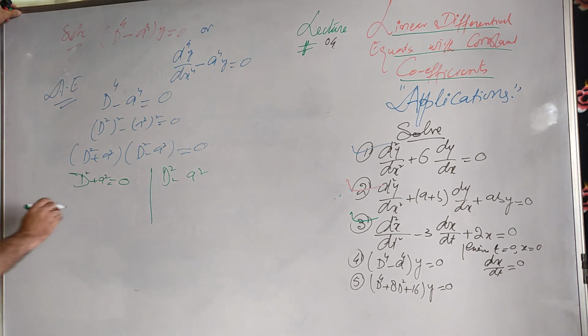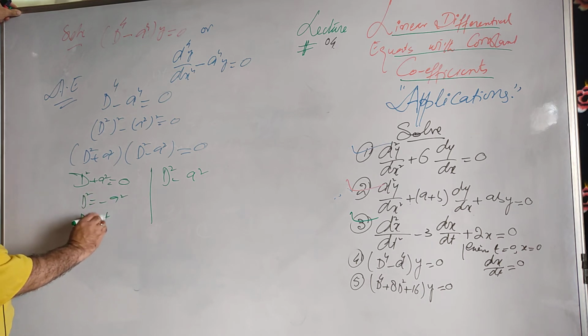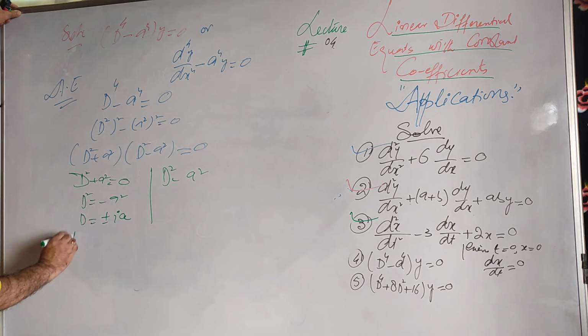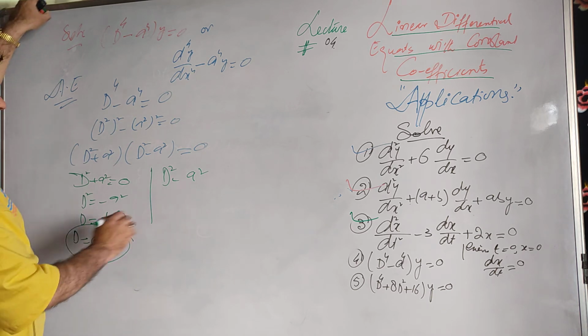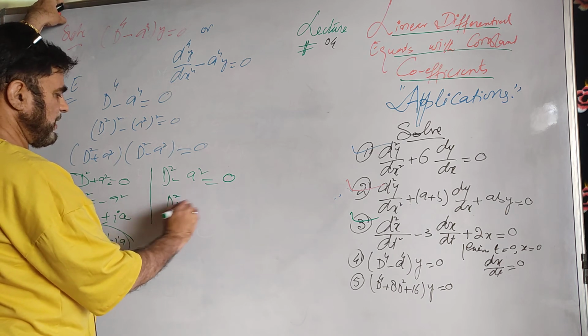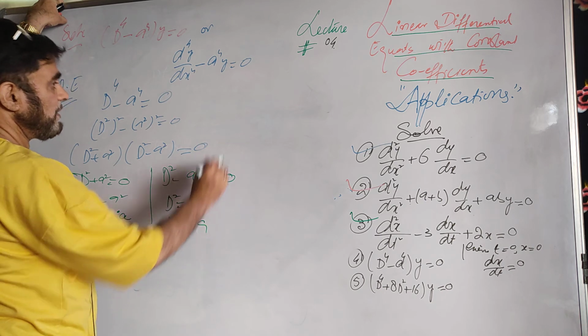You will get the 4 values. D square is equal to minus a square. This gives you D is equal to plus minus iota a. So this value is D is equal to 0 plus minus iota a. And this gives you D square is equal to a square, so D is equal to plus minus a.